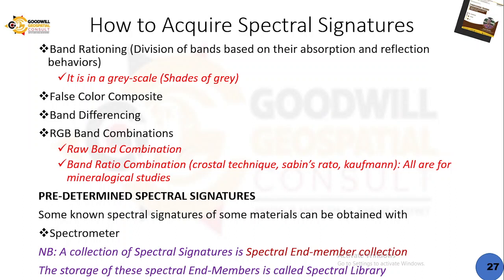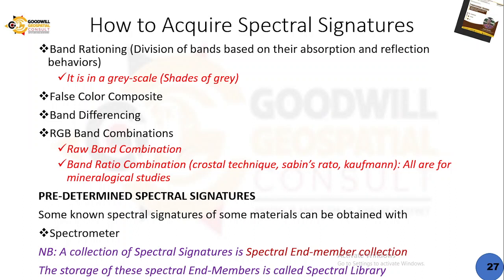We also have the false color composite, the band differencing, and the RGB band color combination. That's a technique where we combine different bands to enhance the effect of a material. For the band ratioing approach, you have the Crosta technique, the Sabins ratio, and the Kaufmann ratio.